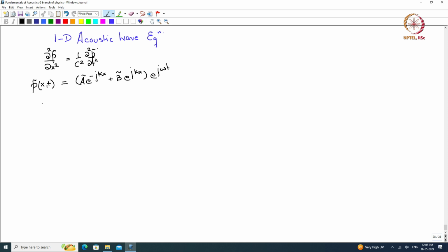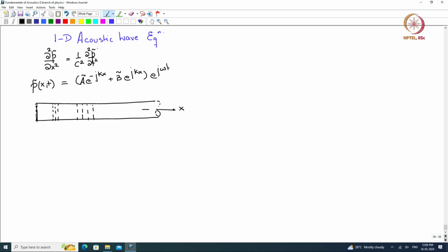So if we have to see this pictorially, there is a pipe, let us say, this is the x direction, and it is somehow driven on this side by a piston or a speaker, and there are waves propagating, there are compression waves, and there are rarefactions, expansions.